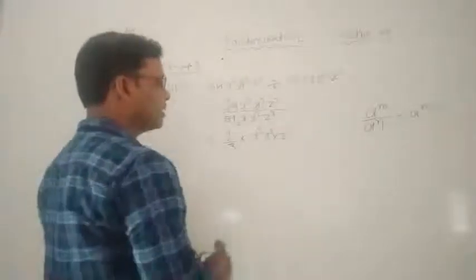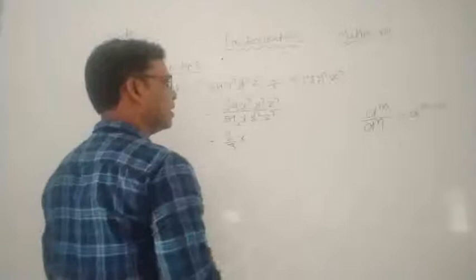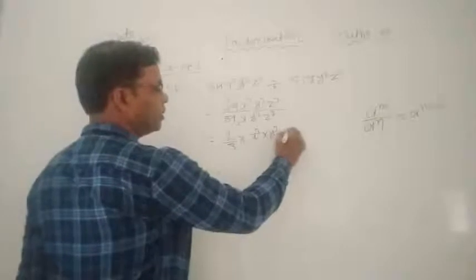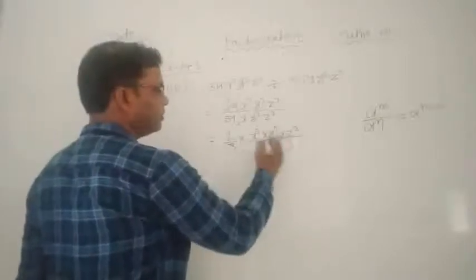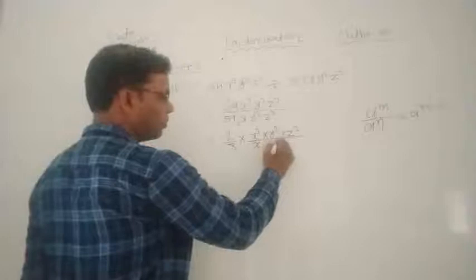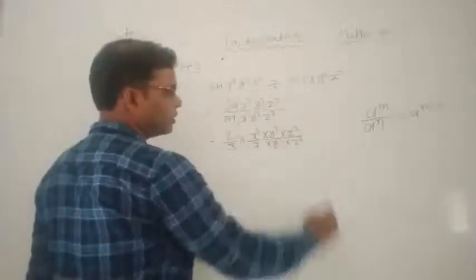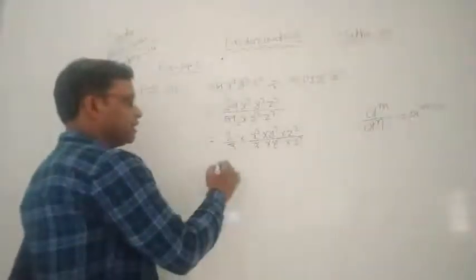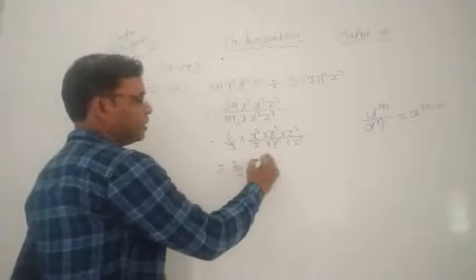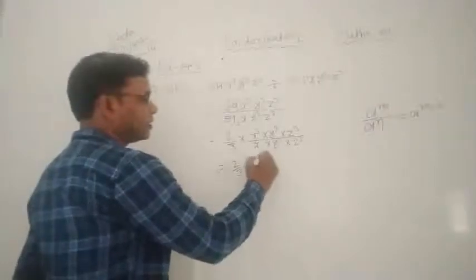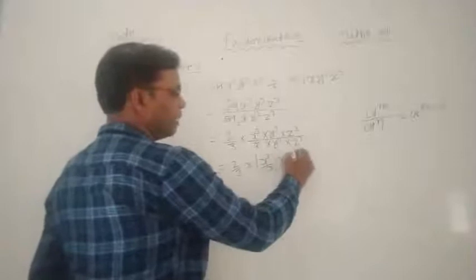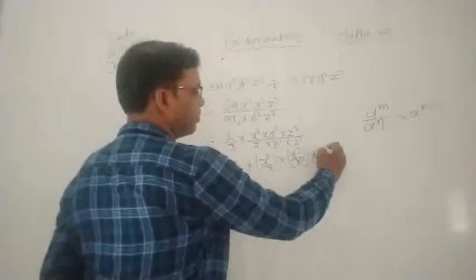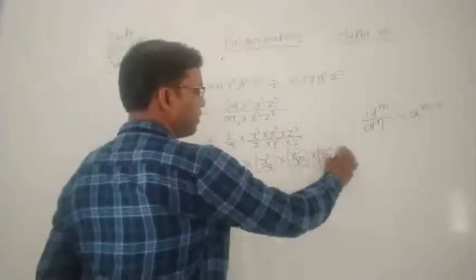So in this case, you can write like this: x to the power 3 into y to the power 3 into z to the power 3 divided by x into y power 2 into z power 3. Okay, so here you can also write it like this: 2 by 3 into x to the power 3 by x into y power 3 by y square into z to the power 3 by z to the power 3.